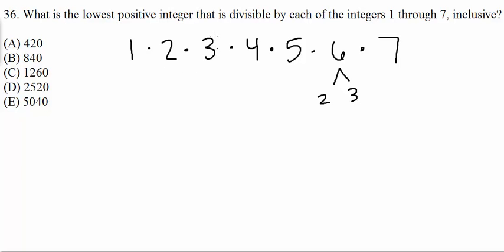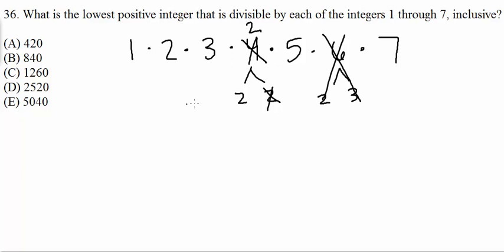So luckily, since we already have a 2 and a 3 here, we can just forget about multiplying by 6 because it's basically redundant. Now let's take a look at 4. 4 is 2 times 2. So again, since we already have a 2 here, we only have to deal with one extra 2. So instead of 4, I'm just going to write that as a 2.